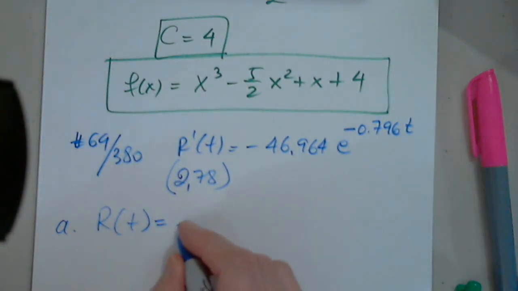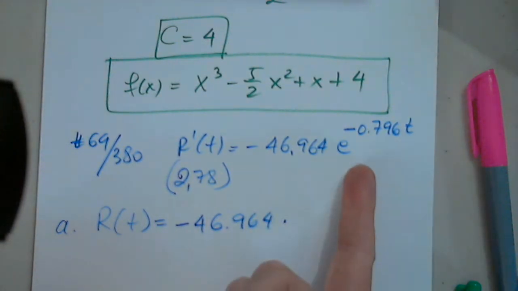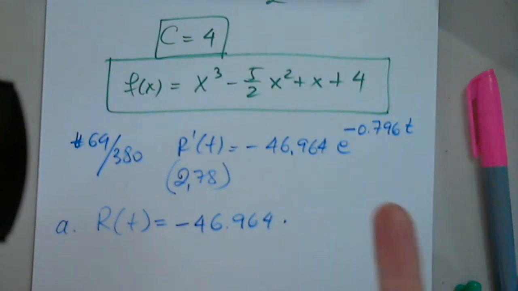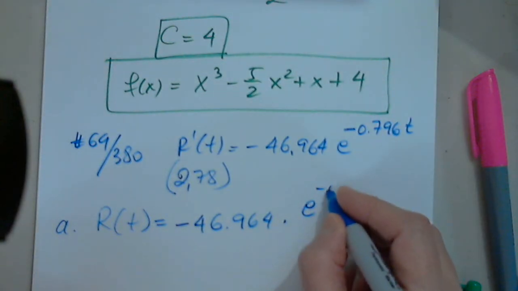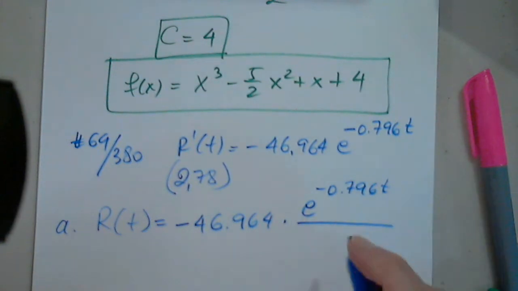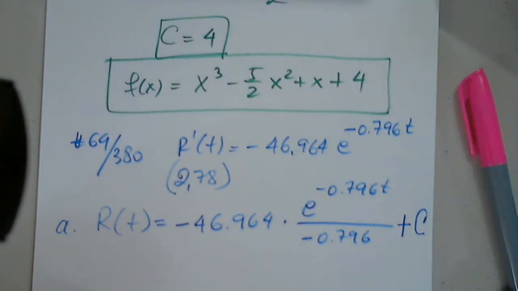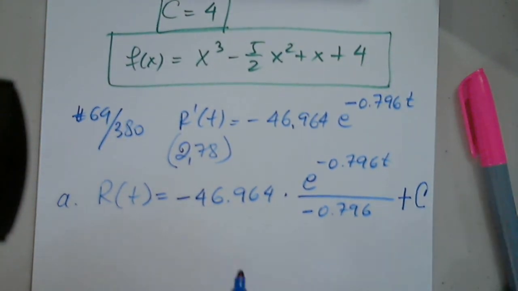So the number in front will never bother us. I integrate this, and we know the rule, so it's e to negative 0.796t divided by this number, and plus a constant c. Yes, I will divide these two to see what's in there.